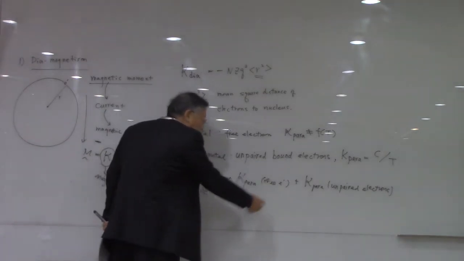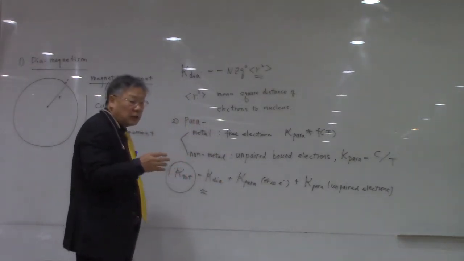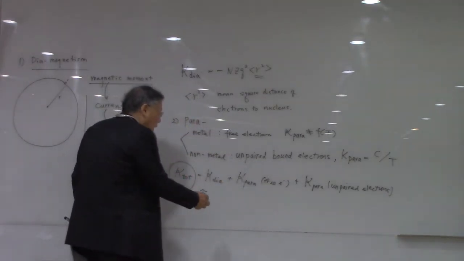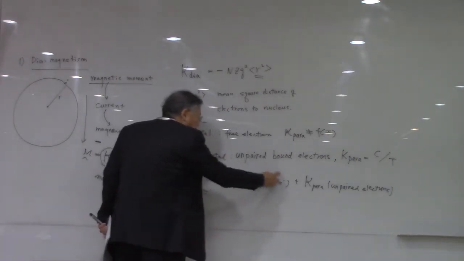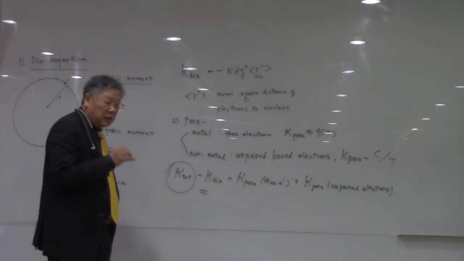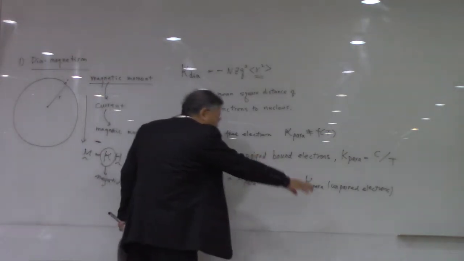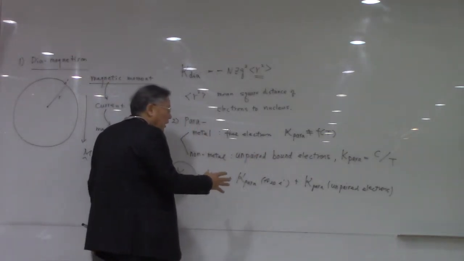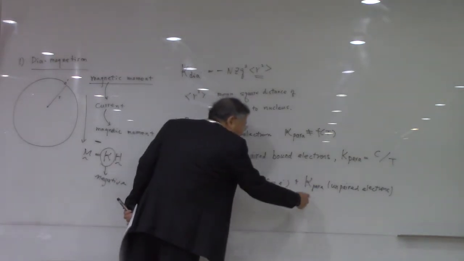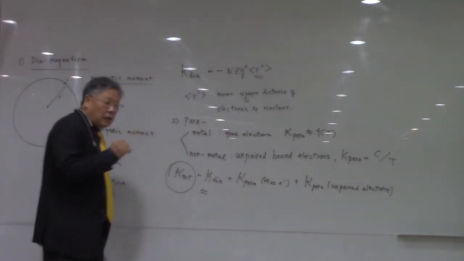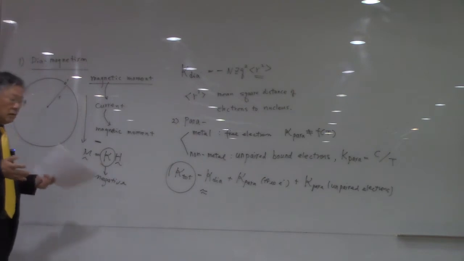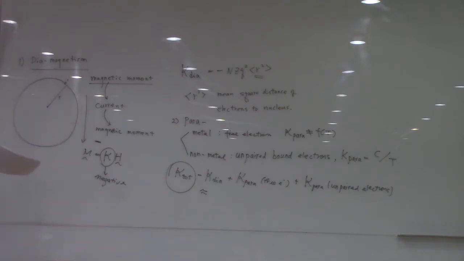Then that happens especially in the metal case, and this paramagnetic susceptibility is most important, and other things can be ignored. In a non-metallic case, the unpaired electrons are going to determine the magnetism of the material.